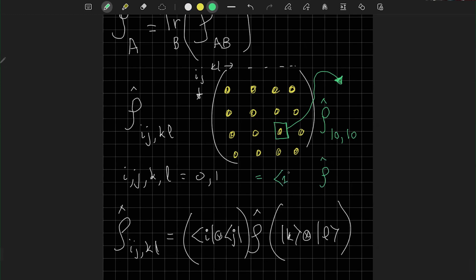So this element in this position is being identified by these indices, and these are the bras and the kets. So this is my notation here.